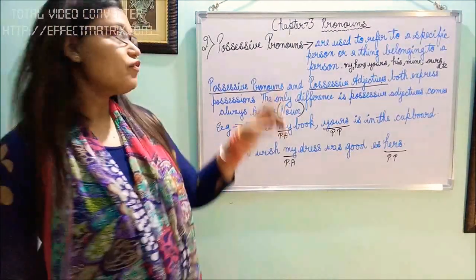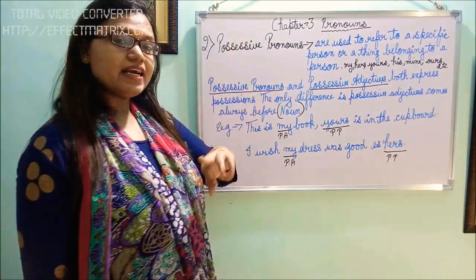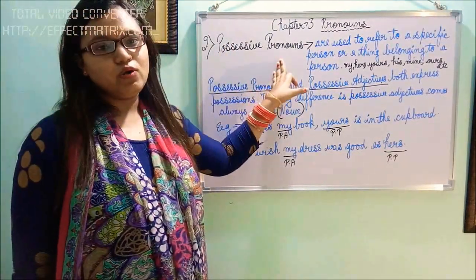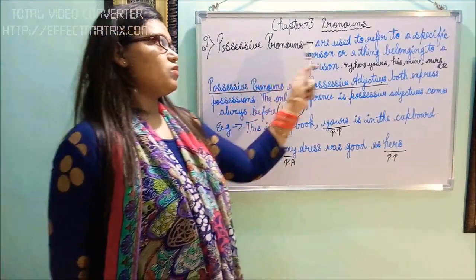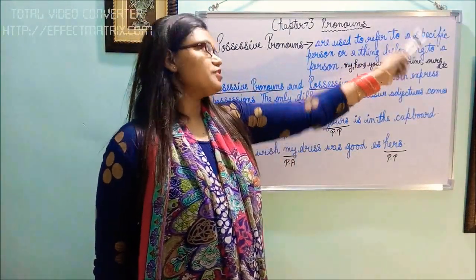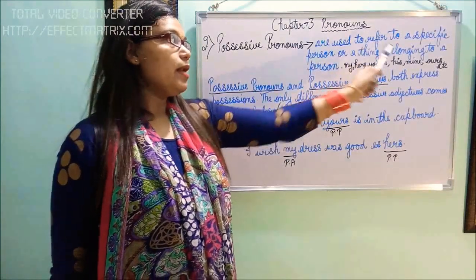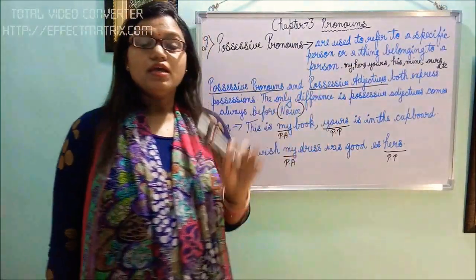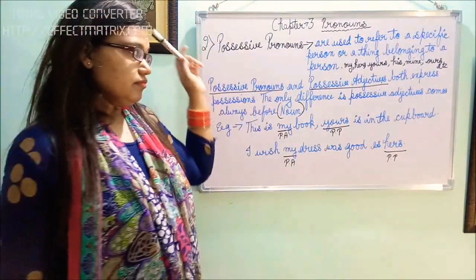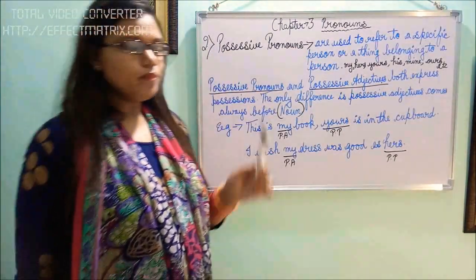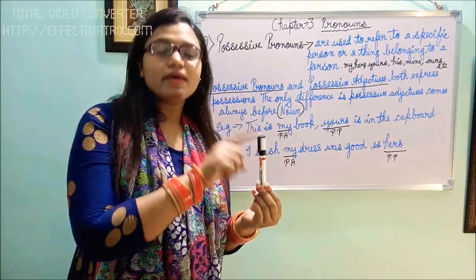So students, now we will discuss the second kind, and that is possessive pronouns. Possessive pronouns are used to refer to a specific person or thing belonging to a person. Now students, see here, one example I am giving you. This is my pen.